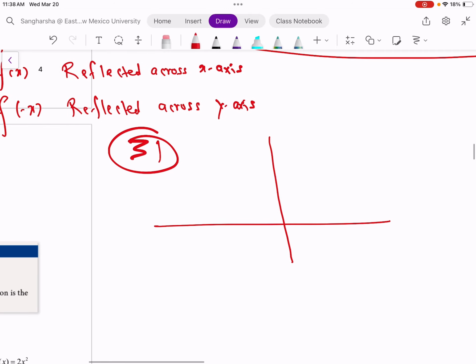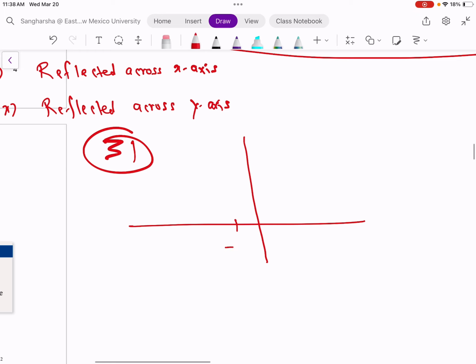So this is -1, this is +1. This is the graph given to us, and it asks how the graph is transformed from the basic function and to find the suitable expression for the function represented by the graph.